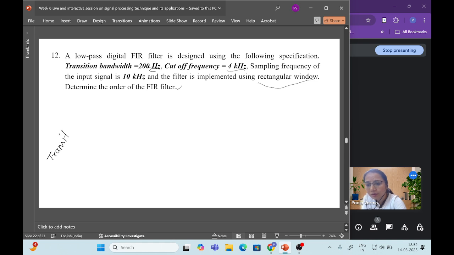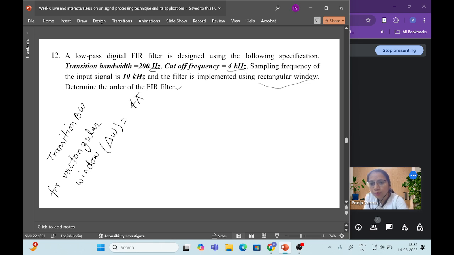The transition bandwidth for the rectangular window, delta omega, is equal to 4 pi by M. Further, the given transition bandwidth of 200 Hz can be written as 2 into 2 pi by M.